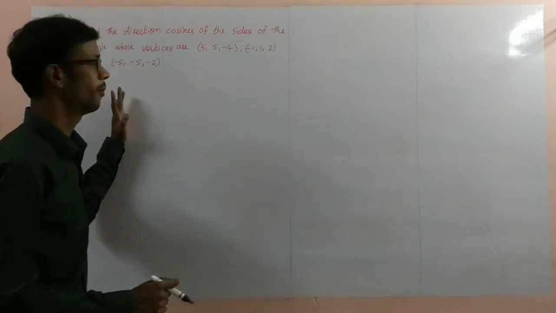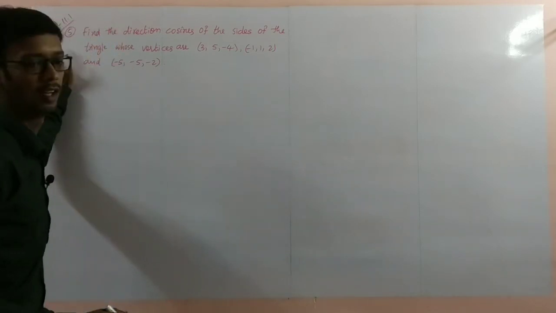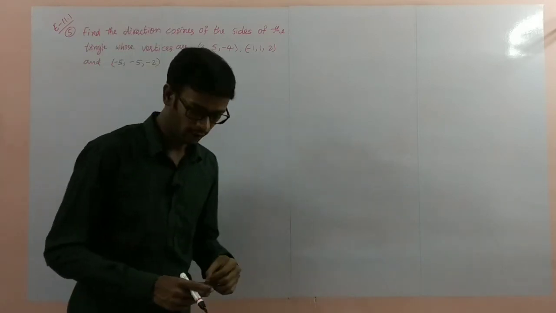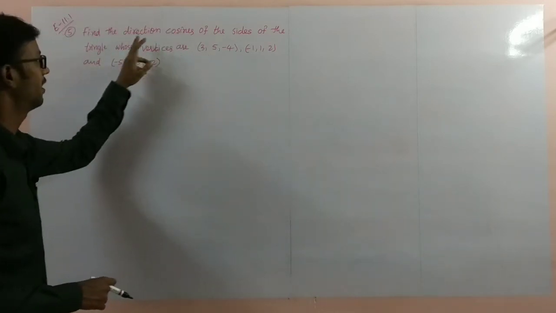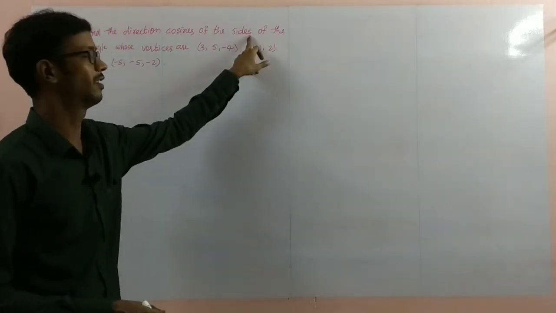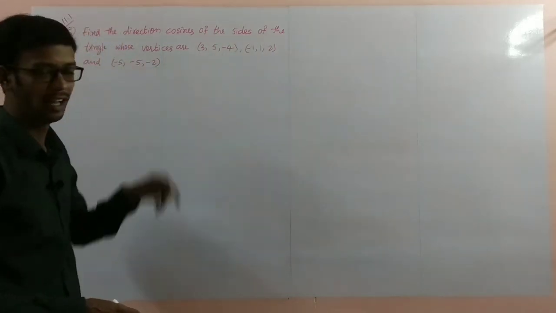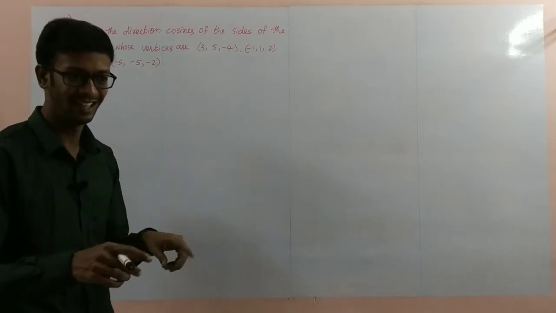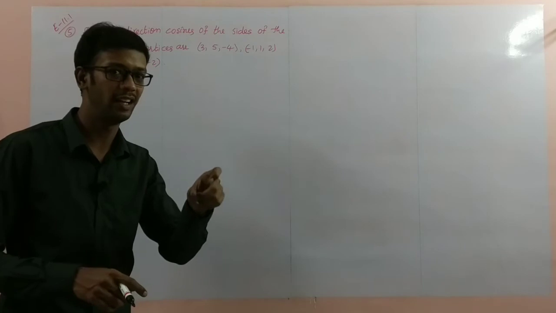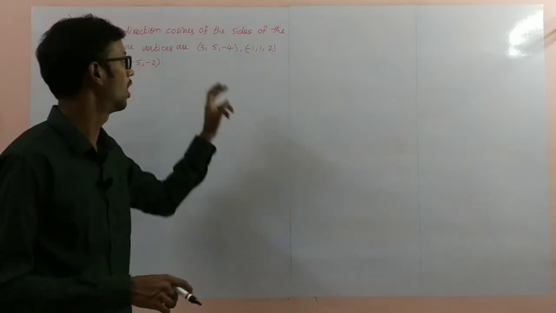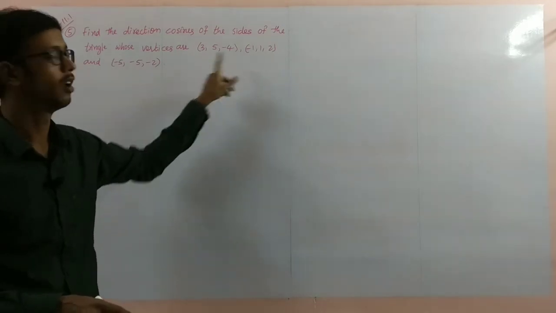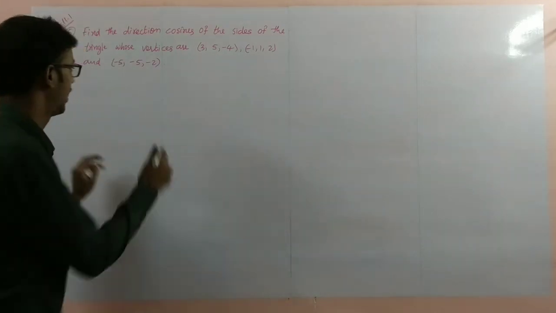Now problem number 5 in the exercise, and this is the last problem of this exercise. So now you see here, find the direction cosines. You have to find the DCs of the sides of the triangle. For each and every side of the triangle you have to find the direction cosines, and the 3 vertices of the triangle are given.